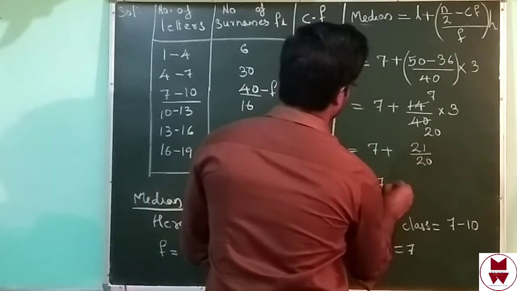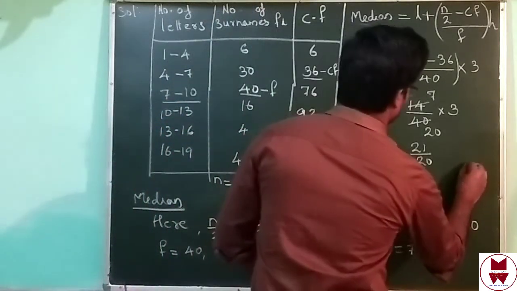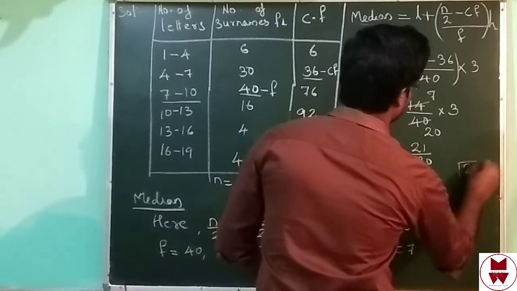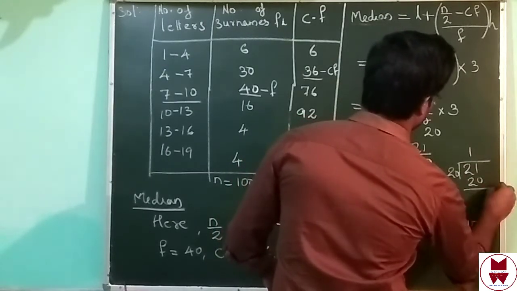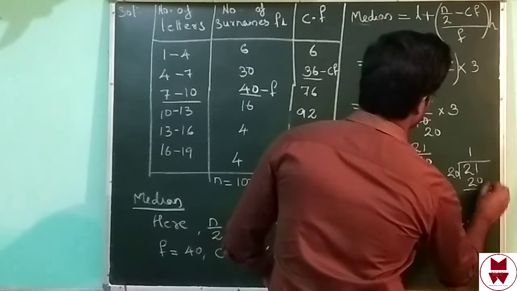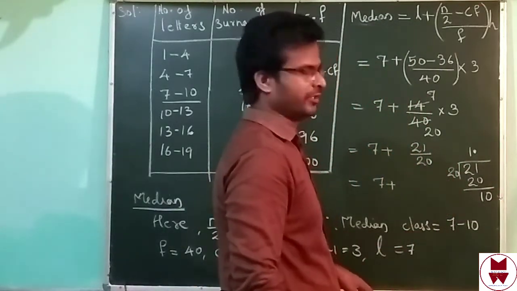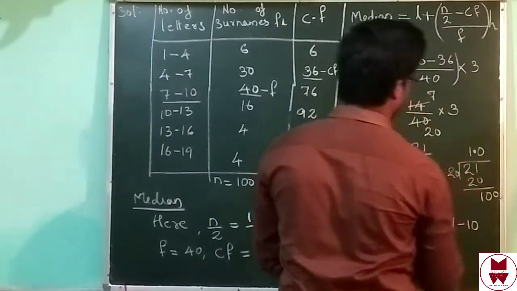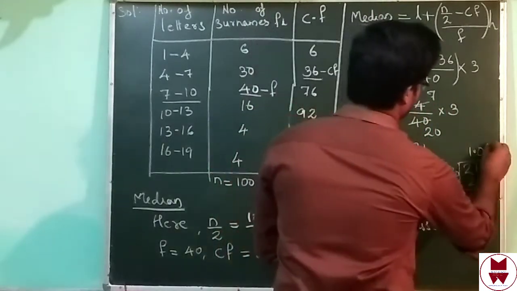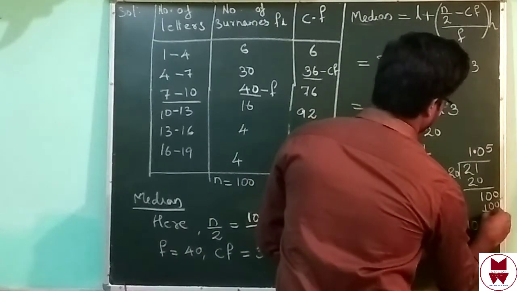Equal to 7 plus 21 divided by 20. In 21 one time 20, then 1. Add a 0, 10 divided by 20 we cannot do. Add 1 more 0, 100, 5 times. 5 into 20 is 100.